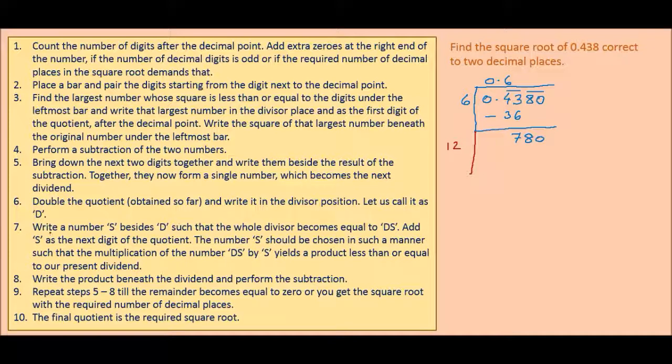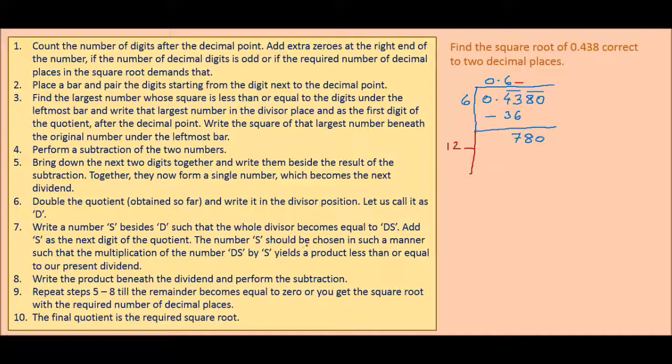Rule number 7 says, write a number S beside D. So we will have a number over here which will be S, such that the whole divisor becomes DS, that is 1, 2 and another digit. Add S as the next digit of the quotient. We have to add S over here as well.